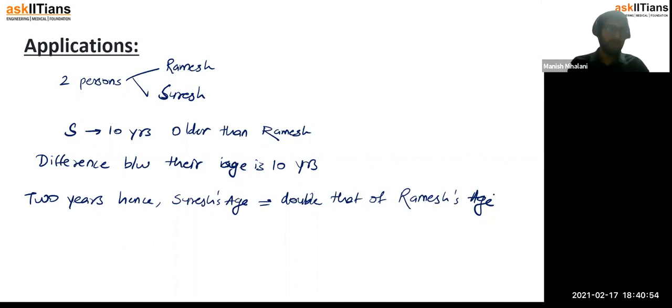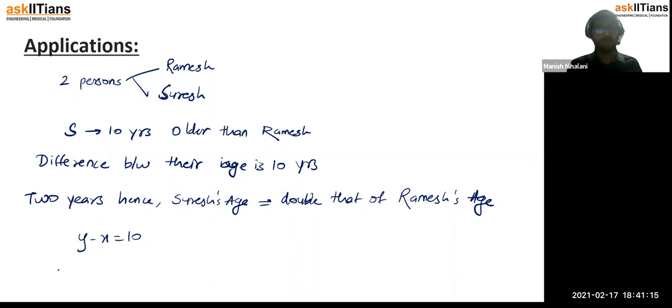So you would say let the present age of Ramesh be x years, let the present age of Suresh be y years, and so on. So the first equation would be y minus x is 10, and the second equation would be for 2 years hence.